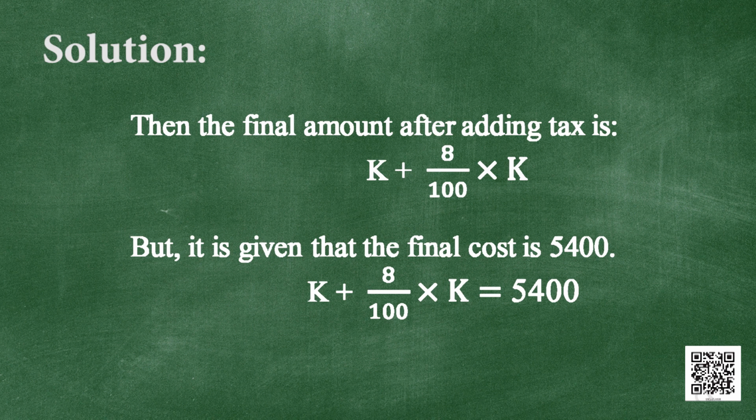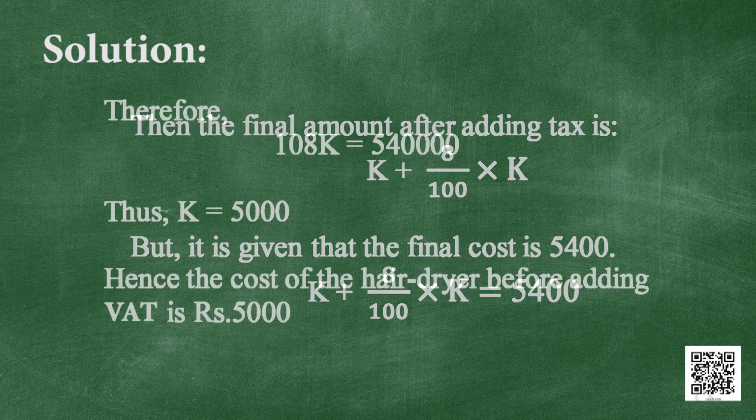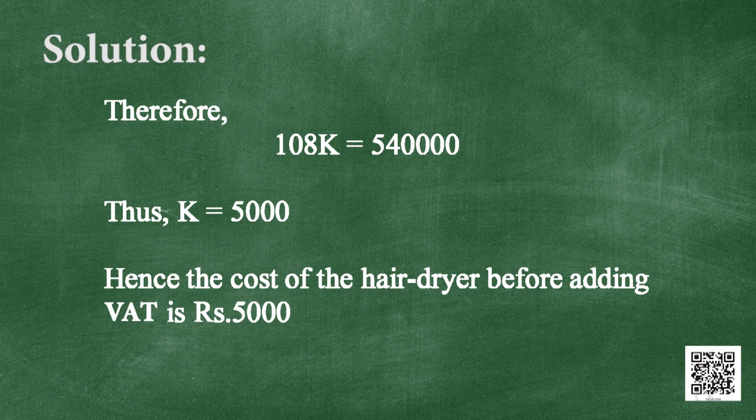Therefore, K plus 8 by 100 multiplied with K is equal to 5400.